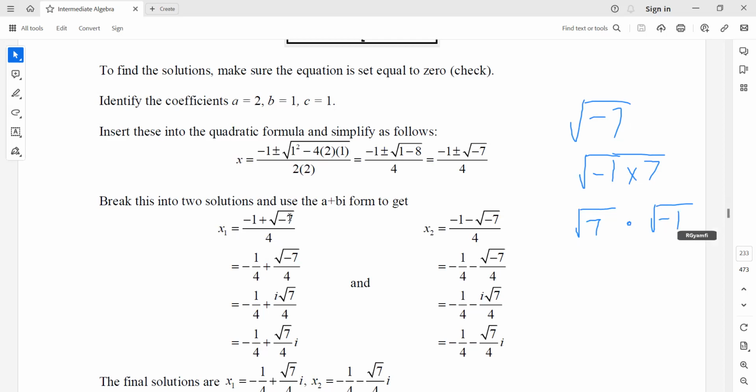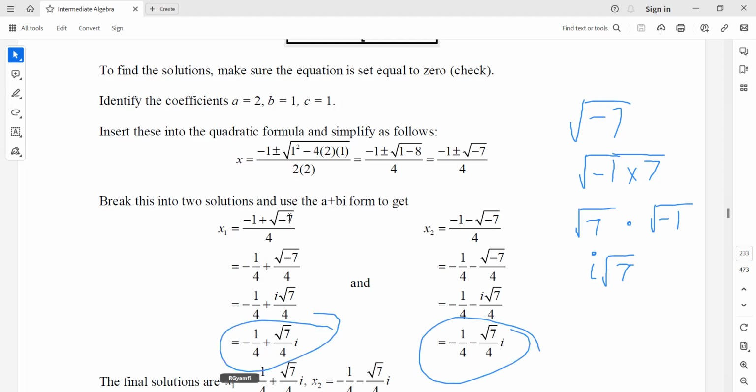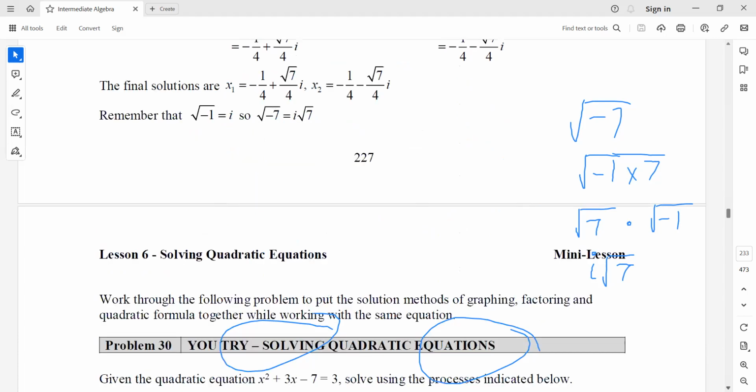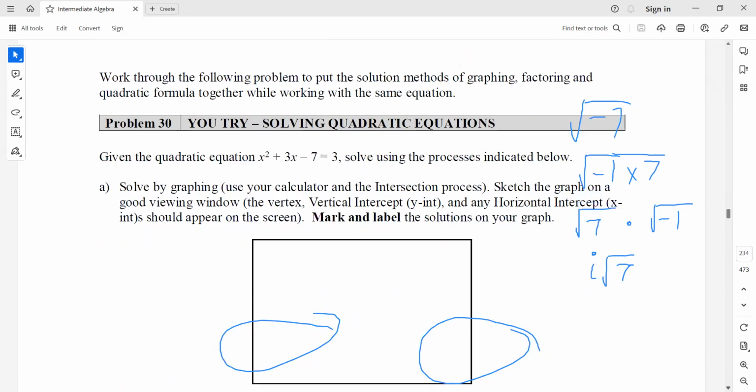So this gives me the square root of 7 i. And that is what brought us here to this end. So follow this and then I think you'll get what is going on here.